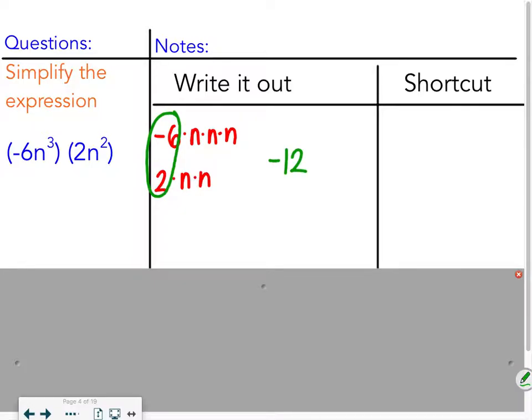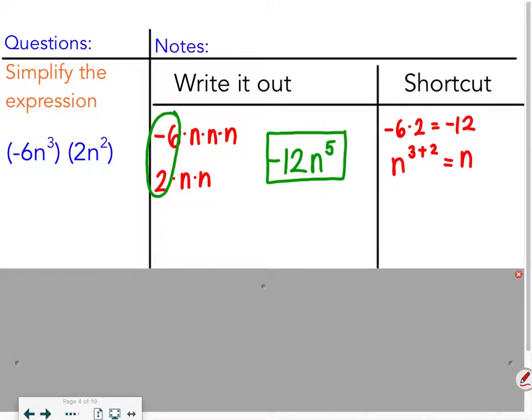And then I have 5 n's, so n to the 5th. For the shortcut, I'm also multiplying negative 6 times 2, so that gives me my negative 12. And then I am adding my exponents, so I'm adding the 3 and the 2 to make 5. So if I put those 2 things together, I've got negative 12 n to the 5th.